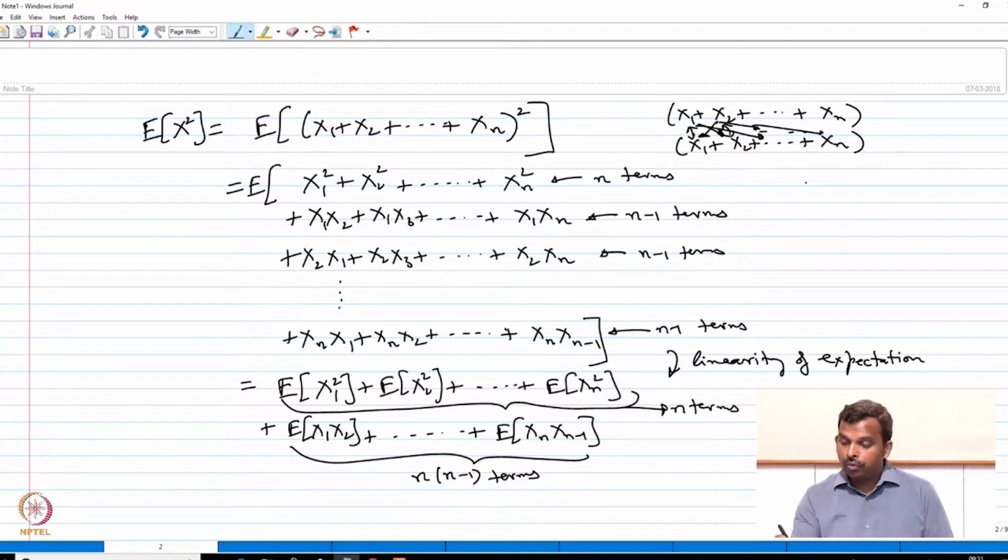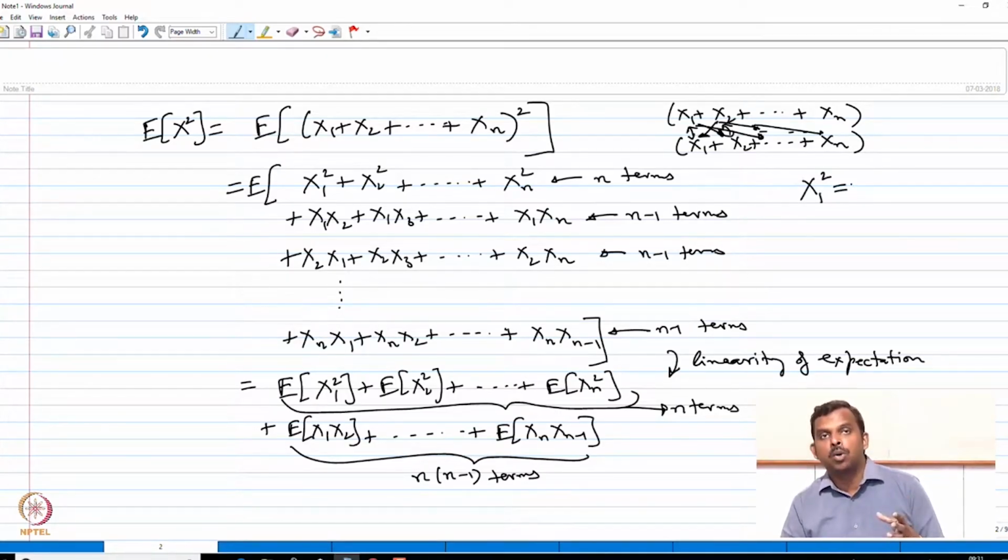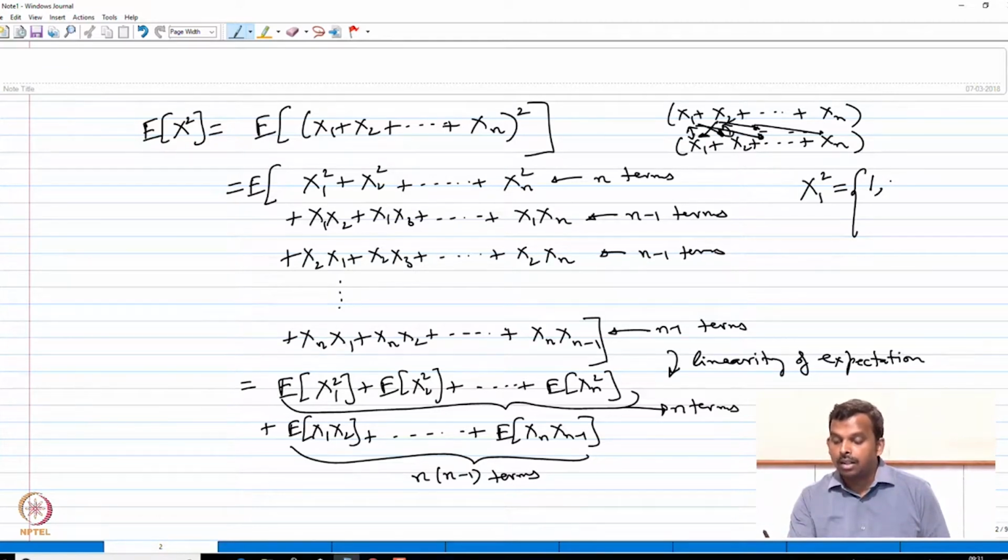If you look at x1 squared, remember x1 is just an indicator random variable. It takes value 0 with some probability, 1 with some probability. Now if you square it, you will again get the same sort of random variable. So xi squared is going to be 1 if the ith trial is a success, since 1 squared is just 1, and 0 otherwise.